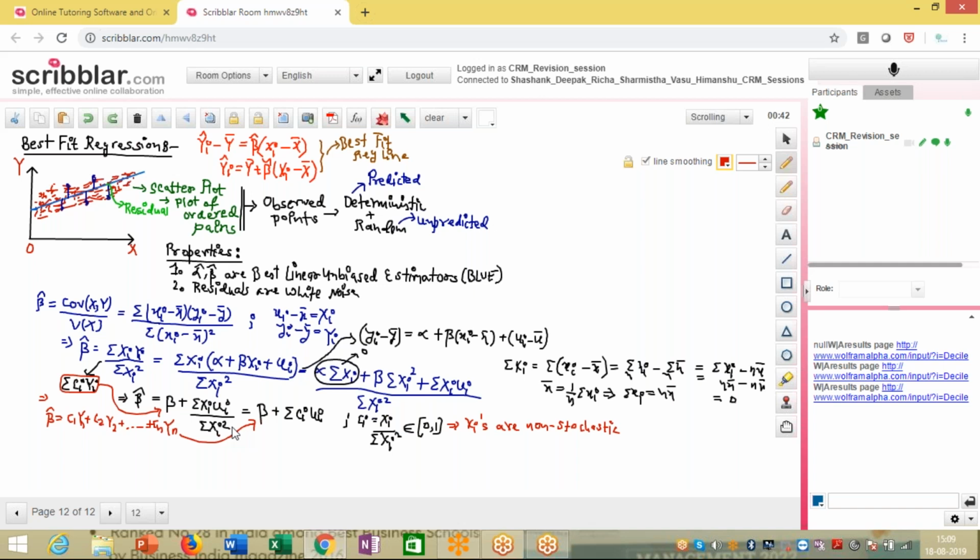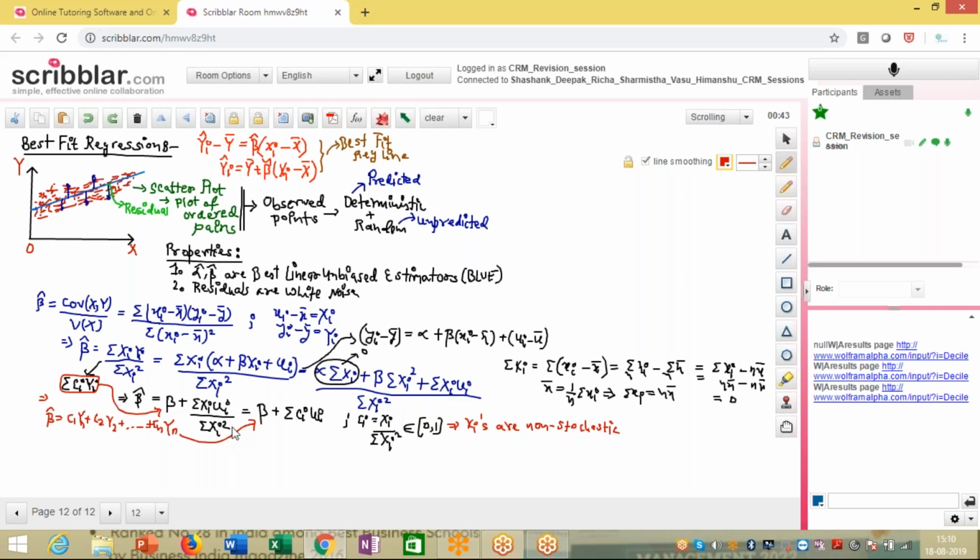And given that you have your beta hat as linear, you know that the next steps of the model would follow. So when you are doing the OLS, right, you know that you are going to end up with a proper OLS condition. So the entire fate or the entire trajectory of the classical model is getting fixed by the fact that xi's are non-stochastic. Clear?